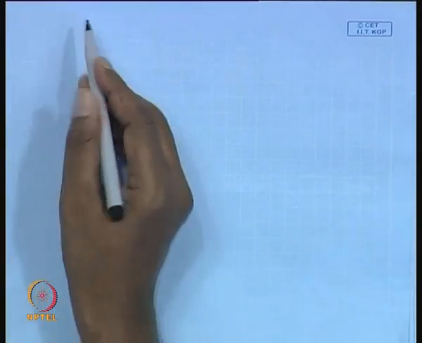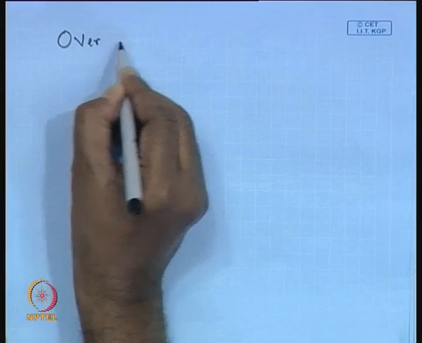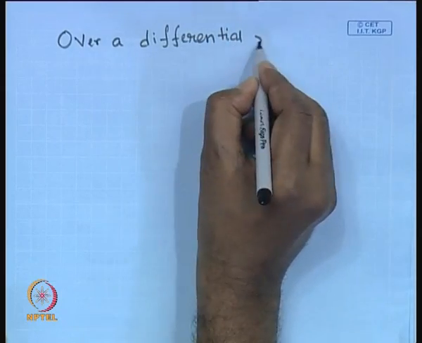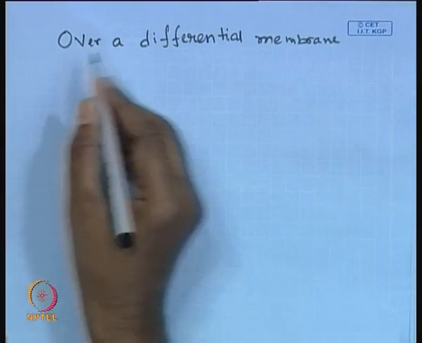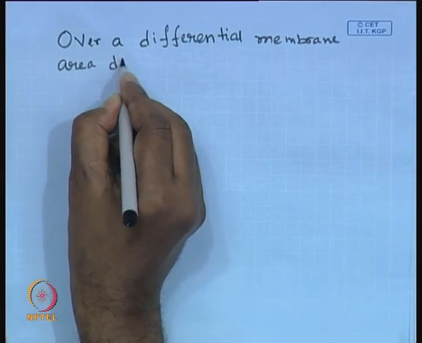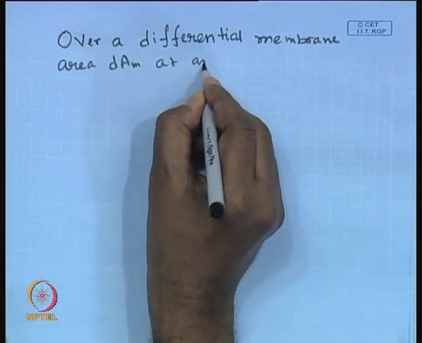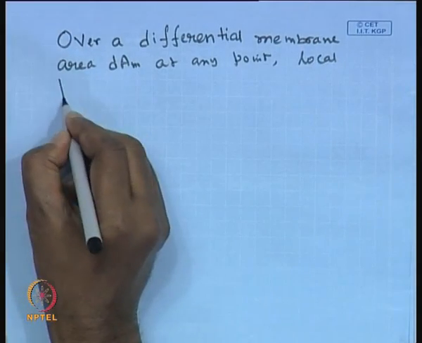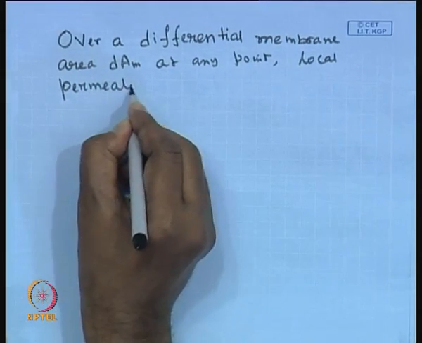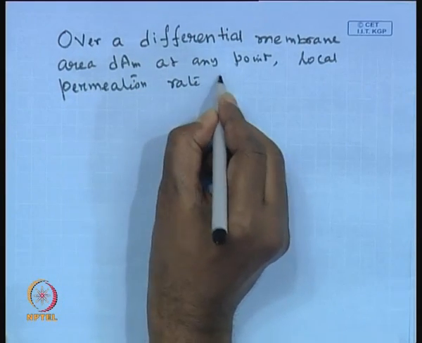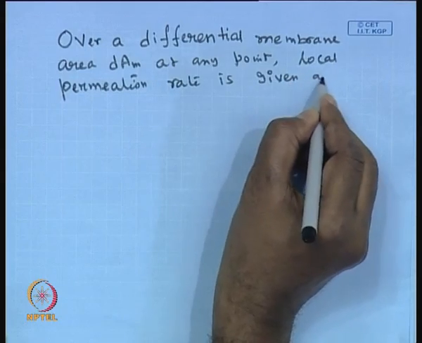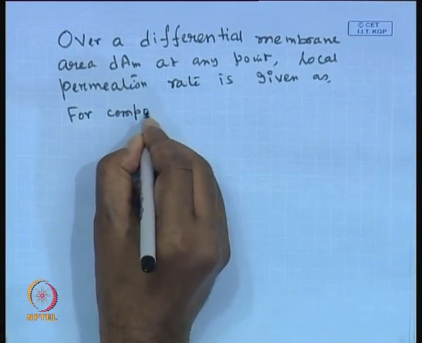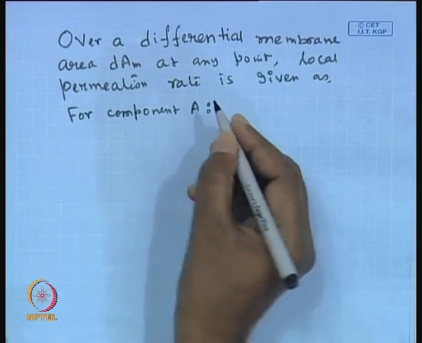Now, over a differential membrane area dAm at any point, the local permeation rate is given as, for component A, and what is the local permeation rate?